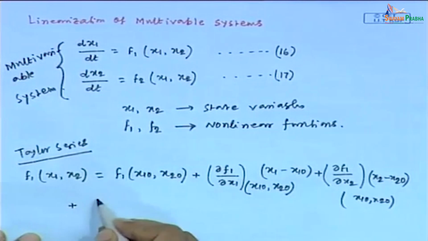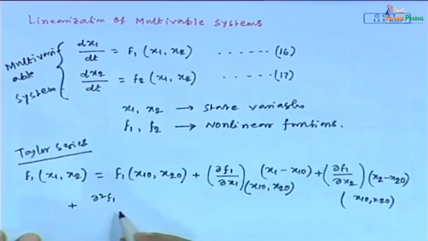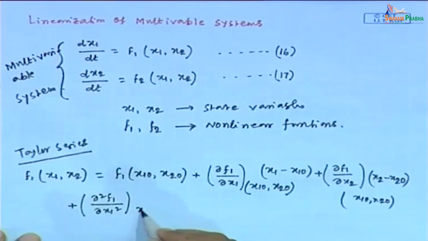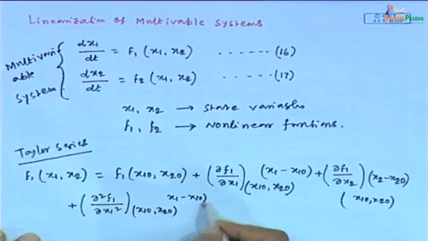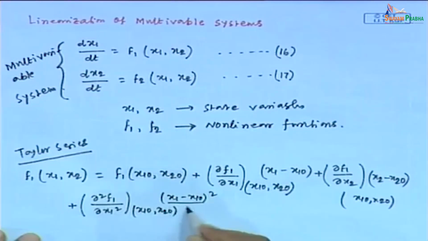Next, we write the second derivative, del squared f1 by del x1 square at the operating point x1 naught, x2 naught, multiplied by x1 minus x1 naught whole square, divided by factorial 2.